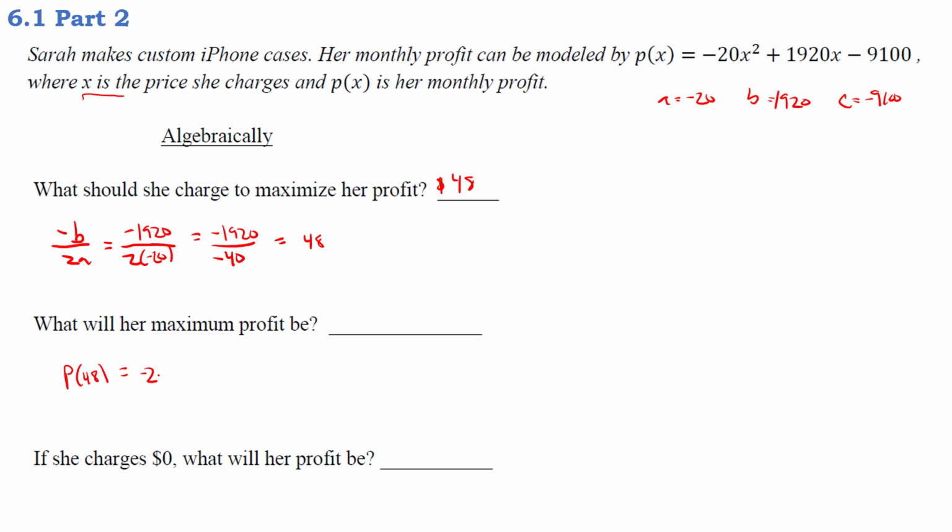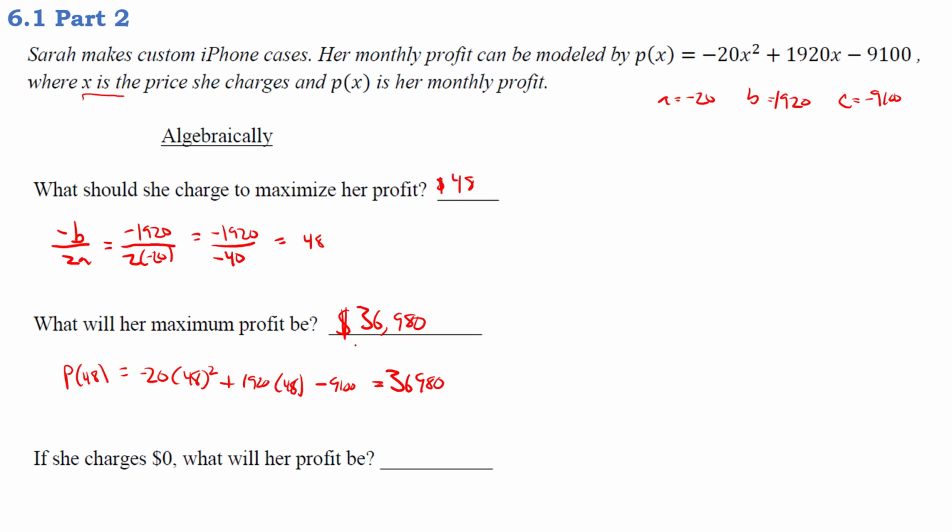That equals negative 20 times 48 squared plus 1920 times 48 minus 9100. And when you crunch those numbers out, you should get 36,980. So her maximum profit will be $36,980.